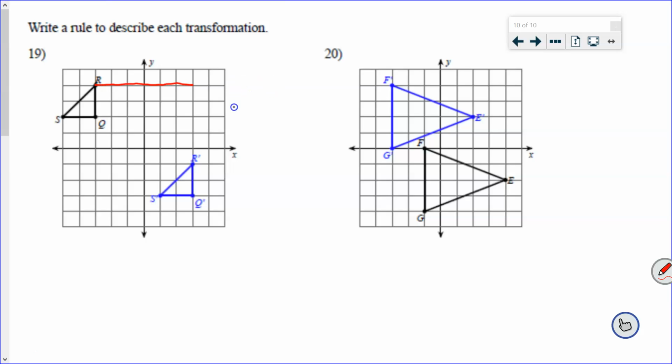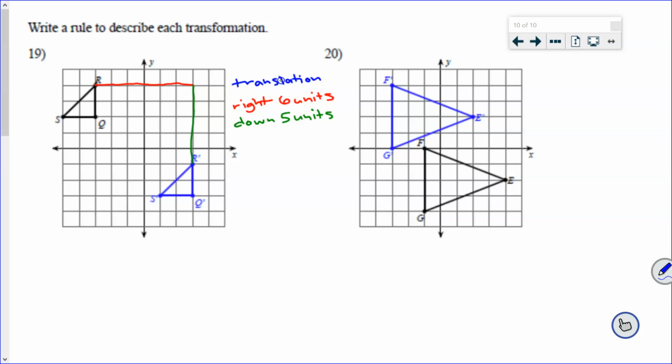So let's write that down. We went to the right 6. Yes, this is a translation. So it's a translation right 6 units, and down 1, 2, 3, 4, 5 units. 5 units down.